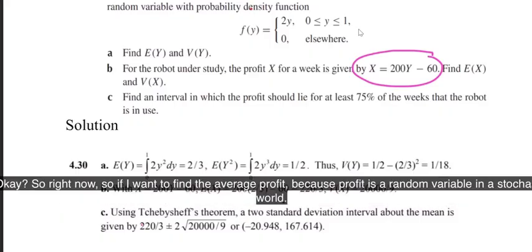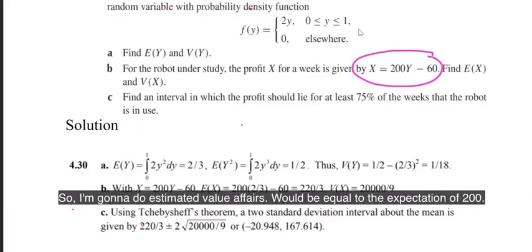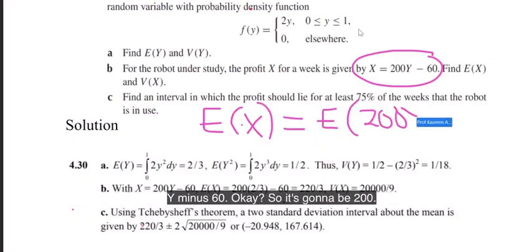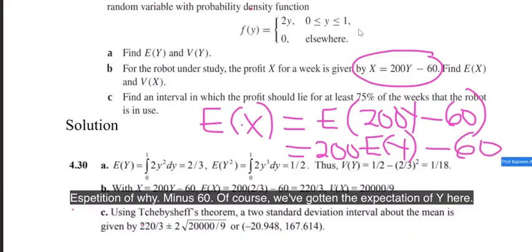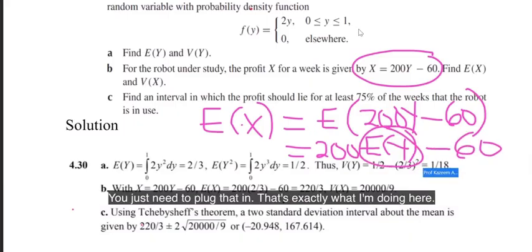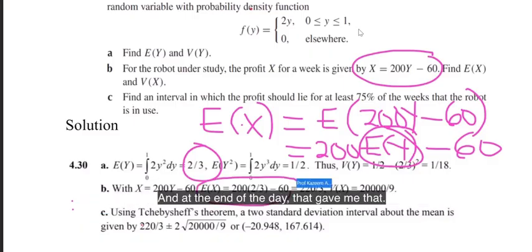If I want to find the average profit, because profit is a random variable in the stochastic world, the expected value of X will be the expectation of 200Y minus 60. So it's 200 times the expectation of Y, minus 60. You've gotten the expectation of Y, so you just plug that in, and at the end of the day that gives me this.